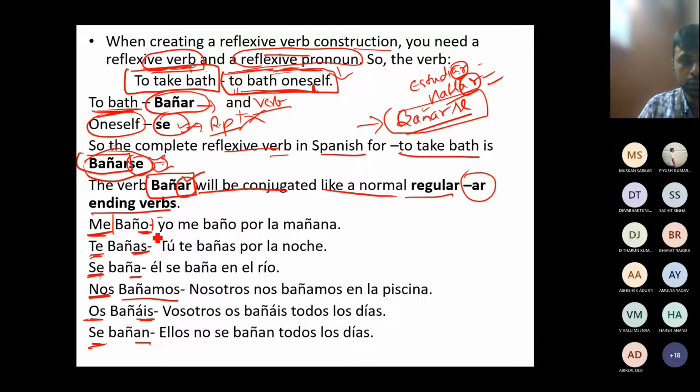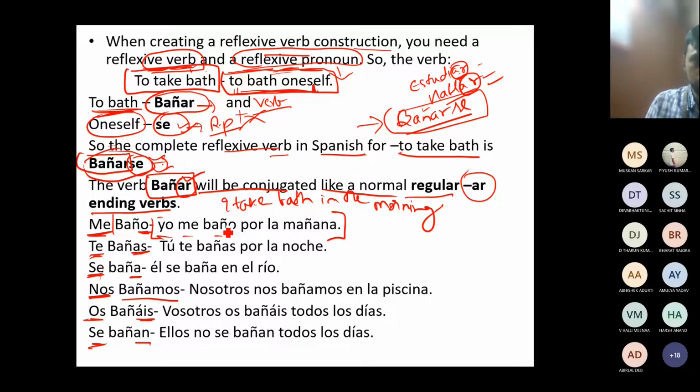So if you have to make a sentence like I take bath in the morning, then what will happen?